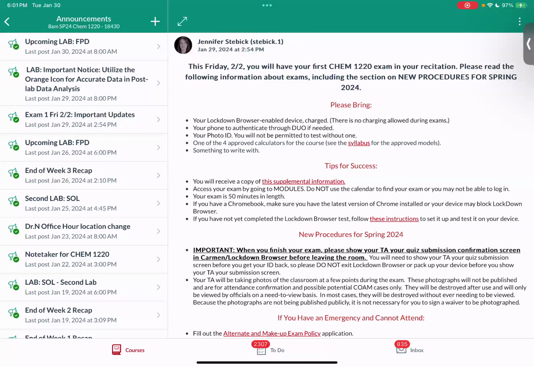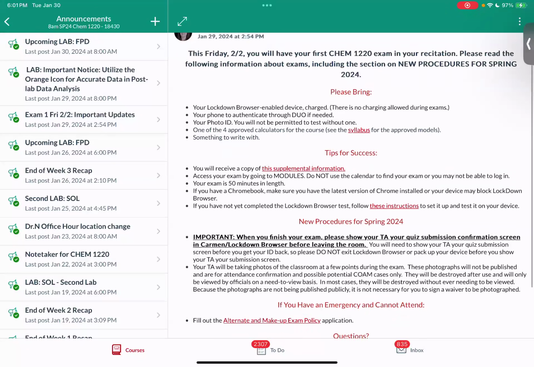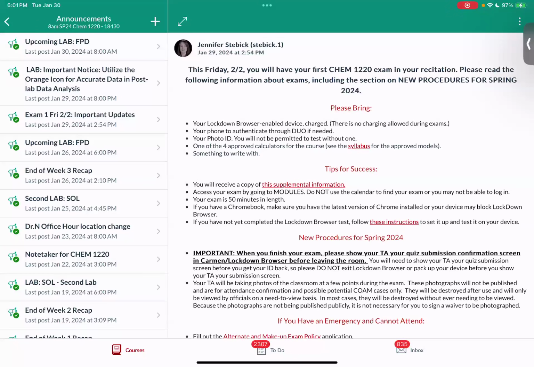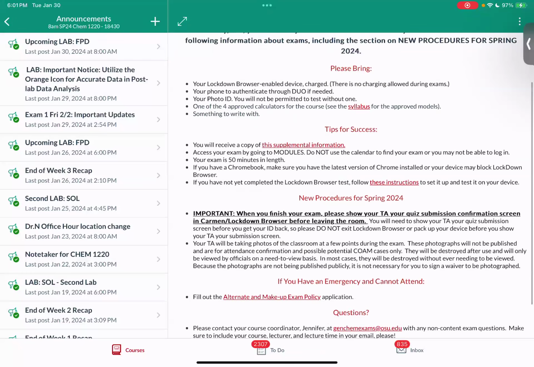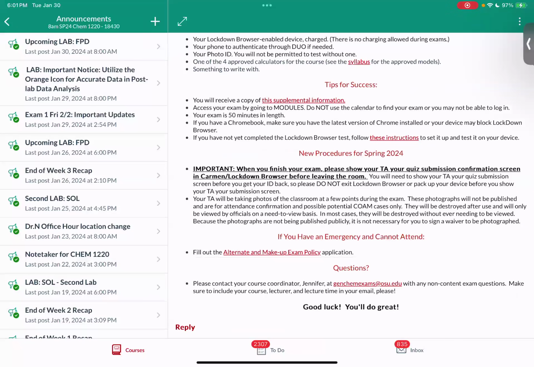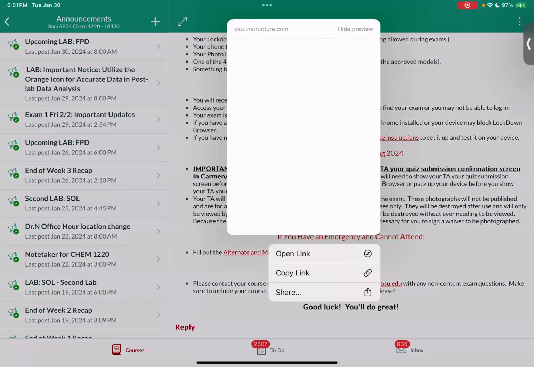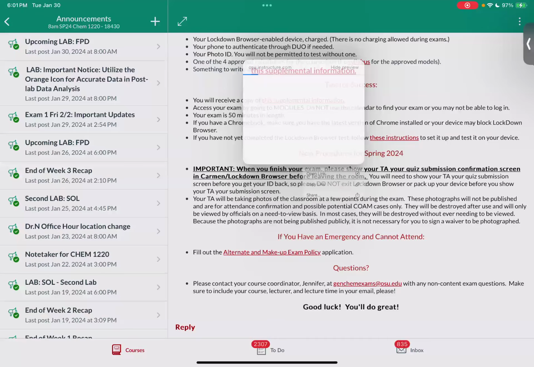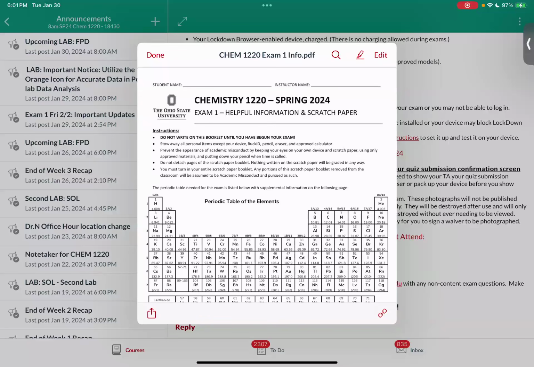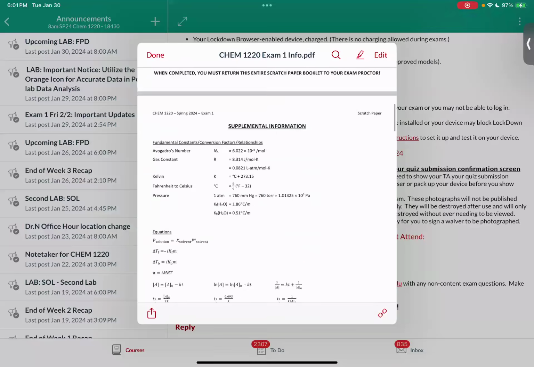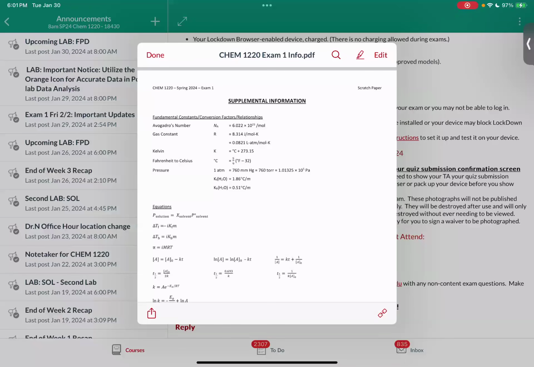So where you get the supplemental information is in Jennifer's lovely announcement that talks about the procedures here. And so here you see right here, supplemental information is right there in the tips for success. So you will see exactly everything that you will receive at the exam. You might have noticed that in some of the practice midterms, it may seem like not enough information is given, maybe a constant or something.